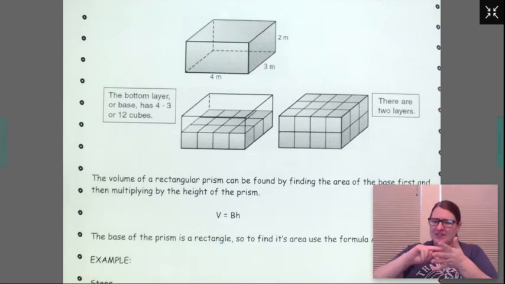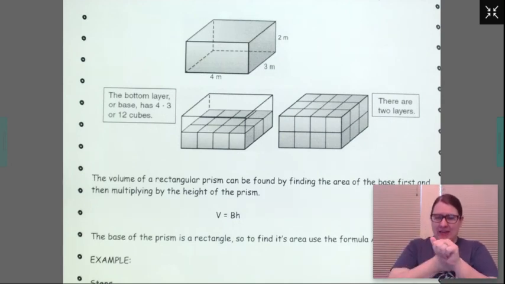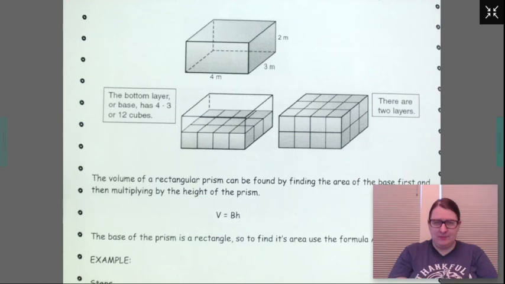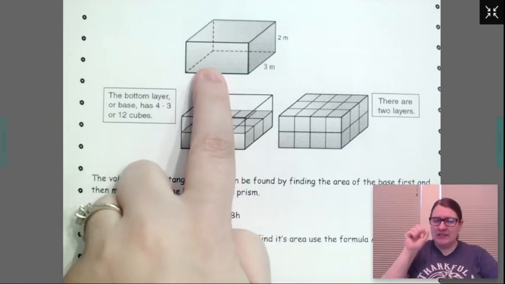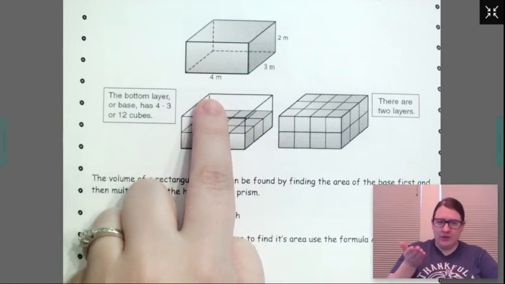So what does that mean? It means volume is how many squares or cubes can fit inside each of the shapes. You can see our picture here.